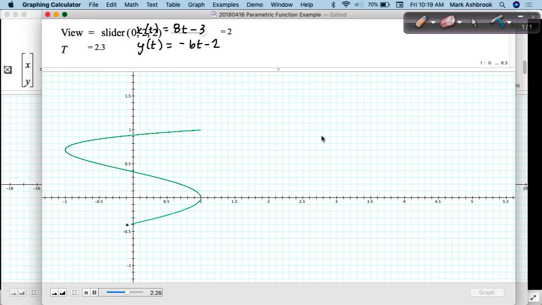And so what parametric functions do is open up a whole new universe of curves in the xy plane that are still functions that you didn't think were functions before, if you look at it from the perspective of ordered pairs being a function of t. So there's that one, and the one we looked at first.